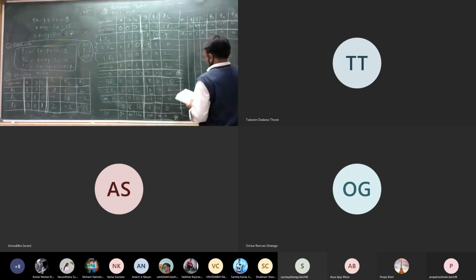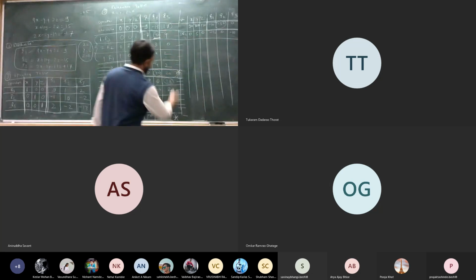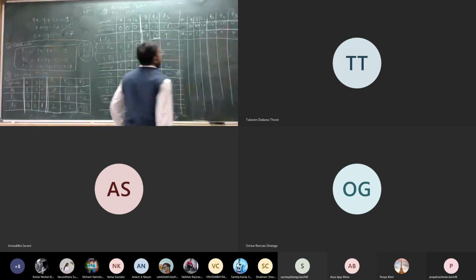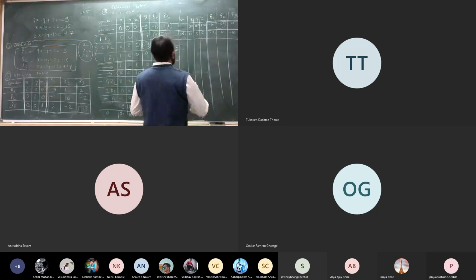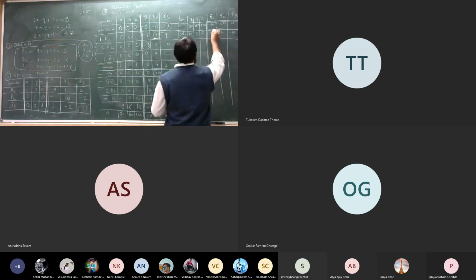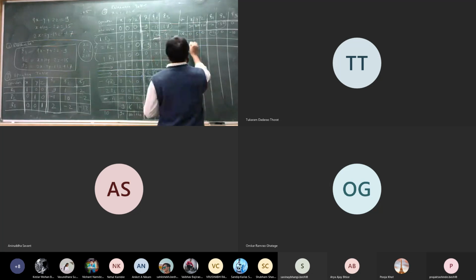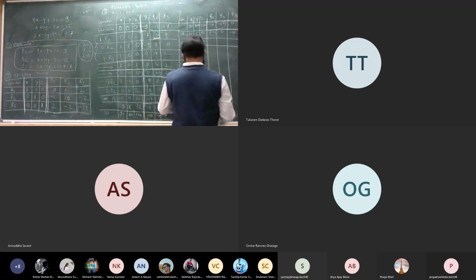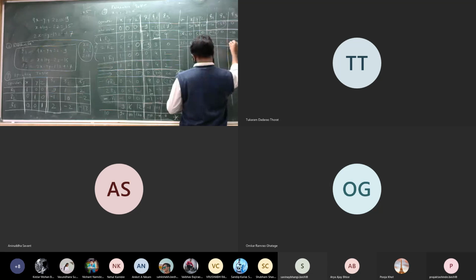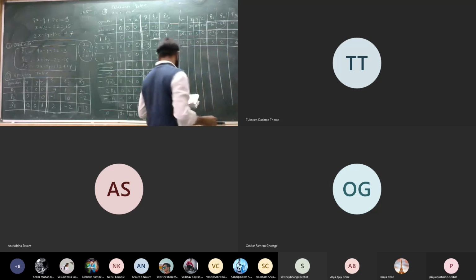I'm not writing the equation, but whatever the equations are, just add the equation because it will be important at the last. So 15 is the largest one, 2R1, that is 200, 32, and minus 6 would remain.